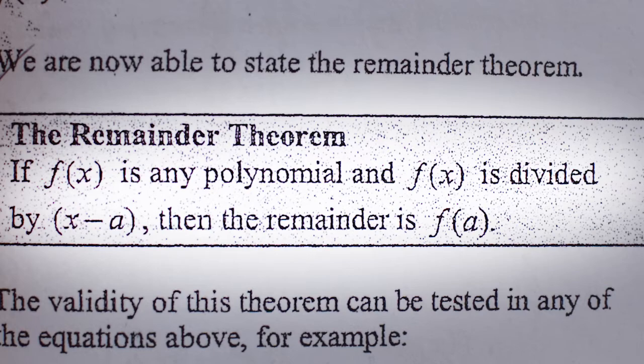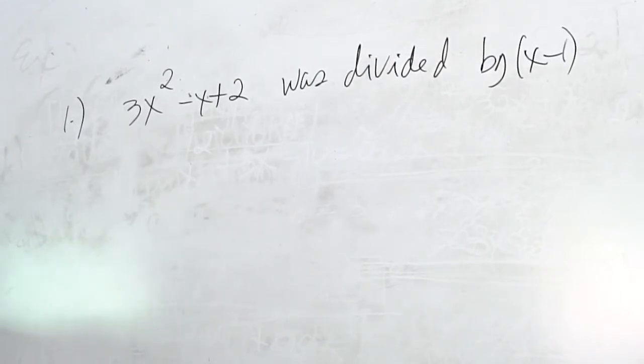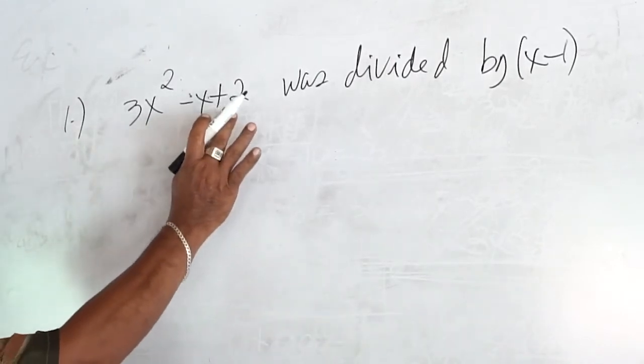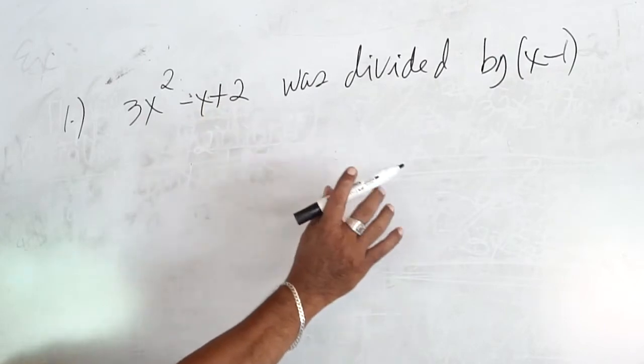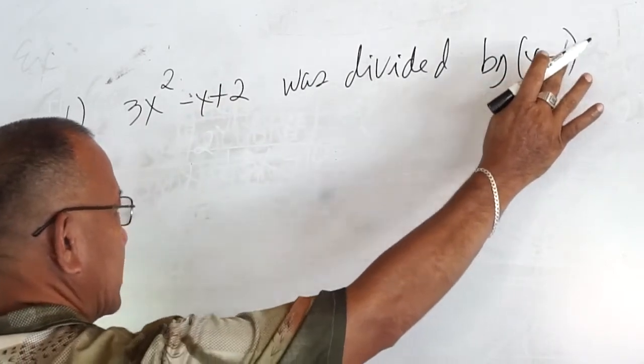For example, determine the remainder of 3x squared minus x plus 2 when divided by x minus 1.